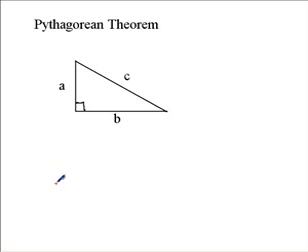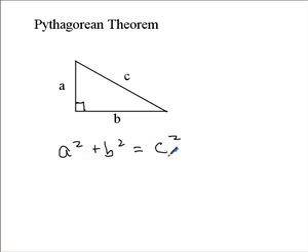And what the Pythagorean Theorem states is that this side length A squared plus this side length B squared, and A and B are on both sides of the right angle, if you add those together, they're equal to C squared, and C squared is the side opposite the 90-degree angle. So A squared plus B squared equals C squared.